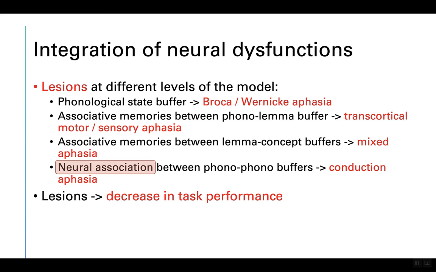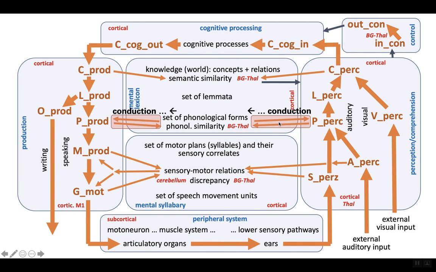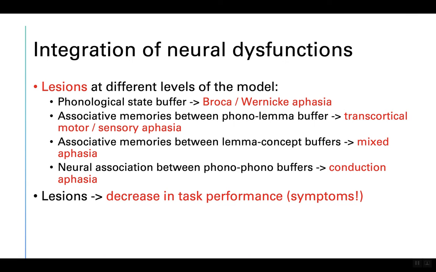And last but not least, we can introduce lesions to a pathway between both phonological buffers, which is the indication for a conduction aphasia. Then we performed our simulations, and what should occur is a decrease in task performance. And those are the symptoms for these different types of aphasia.